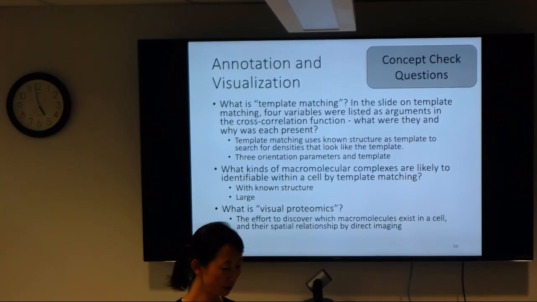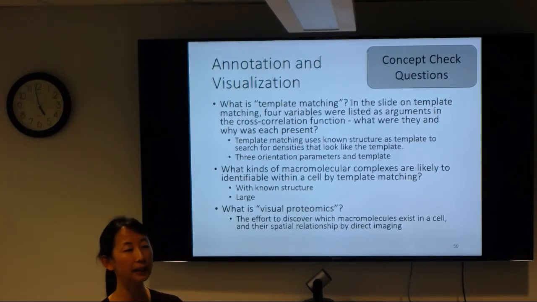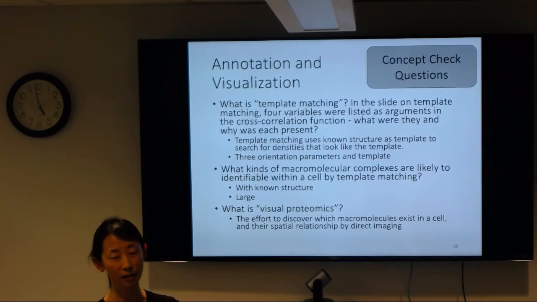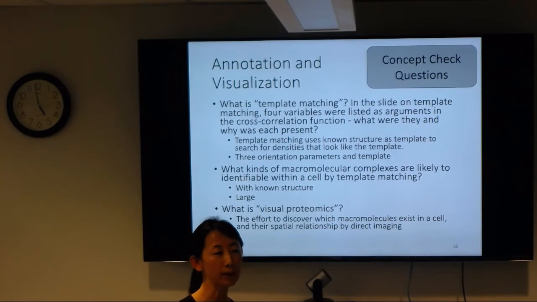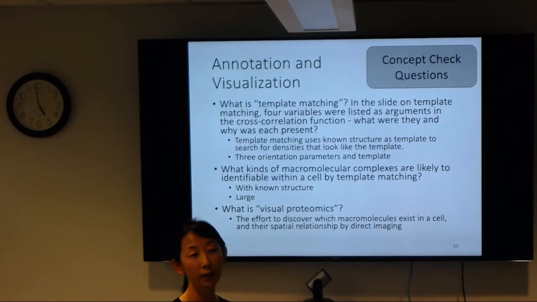And then visual proteomics is basically the data mining aspect. Generally speaking, once you have the cellular tomogram, it is very information rich. You might be interested in only one protein target, but there are thousands of others in your tomogram already. So maybe you can reuse your data and publish more than one paper.